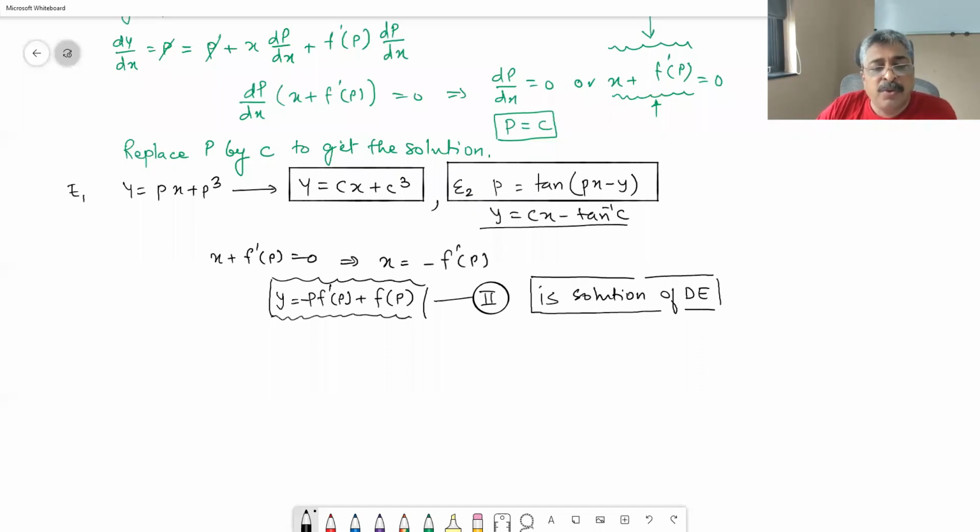Now, you will observe that 1 and 2, if they exist simultaneously, there is no c, no constant of integration available.